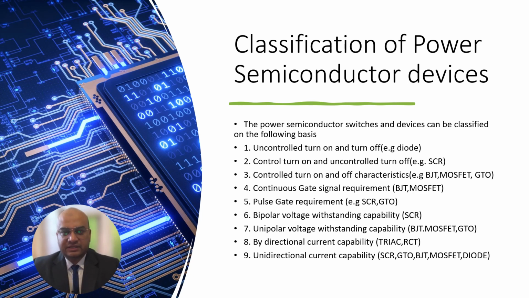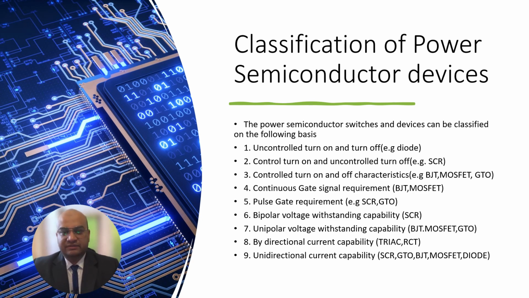Here, classification of power electronics and semiconductor devices. In this, we are going to start the subject with different switches. As you can see, the power electronic semiconductor devices or switches can be classified on the following bases. The first one can be uncontrolled turn on and turn off.